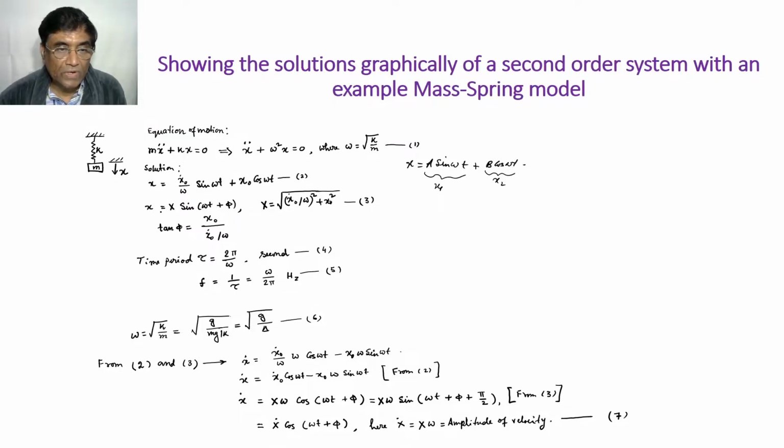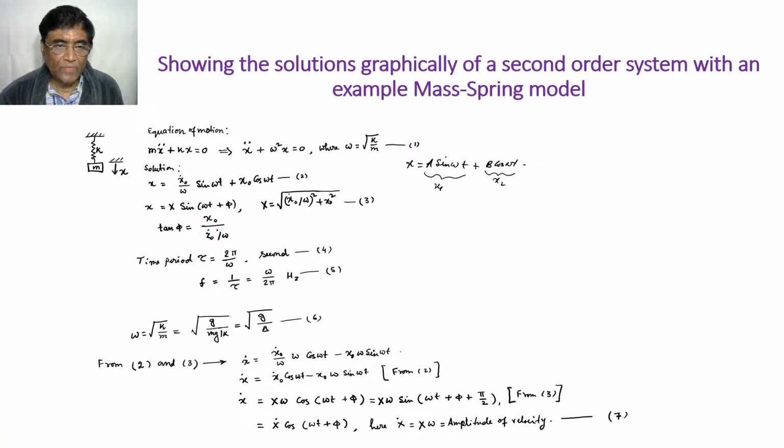Our solution was x equals capital X sine omega t plus phi, where X is the amplitude of oscillation, equal to the square root of (x naught dot divided by omega) squared plus x naught squared. And tan phi incidentally was, using the separation of variable principle, as I showed you in my earlier lecture, very clean to get the solution.